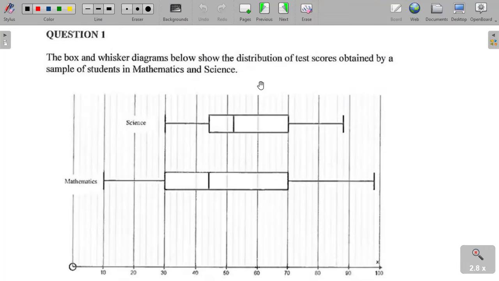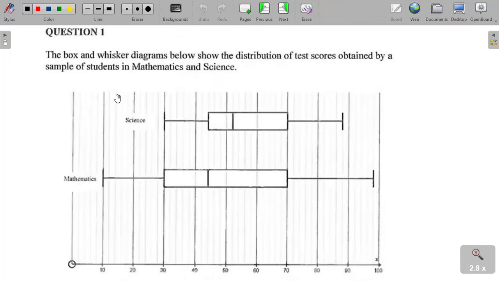So now, question 1 is about statistics. They say the box and whisker diagram below shows the distribution of test scores obtained by a sample of students in mathematics and science.